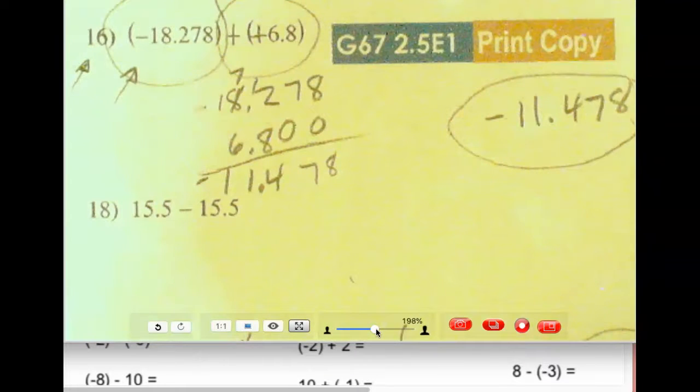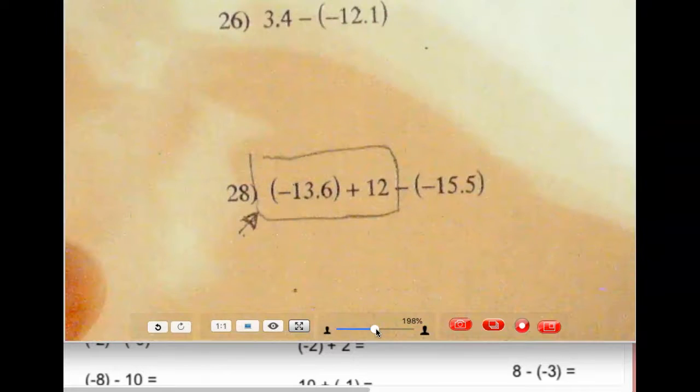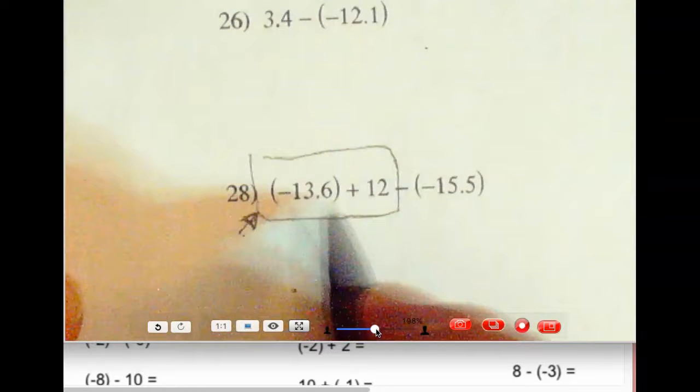All right. Let's do one down at the bottom. These ones often freak kids out, so we'll just do one. We'll do number 28 here. What are we doing? Well, we've got 3 numbers. First, we have to take care of these ones here, and then we'll deal with this other stuff. So we have a negative 13.6 plus 12.